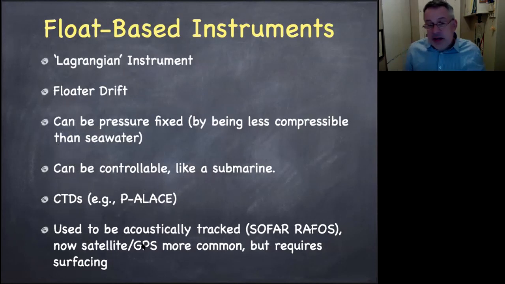Before there was GPS, they used to be acoustically tracked. And first they put a sound source on the drifters and microphones all around to hear it. That was called a SOFAR float. And then they realized that it was better to do it the other way around and put a microphone on the float and the sound sources all around.